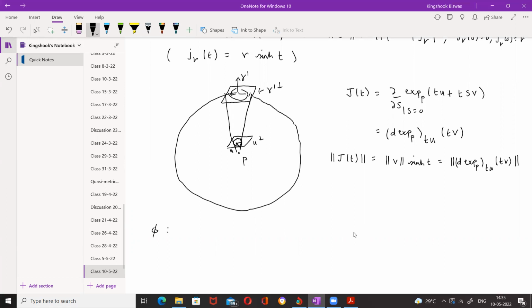This goes from the unit tangent space at p, T_p^1 H^n, which is a sphere S^(n-1), cross (0, infinity), so (u, t), to H^n minus p. This is your polar coordinates map.